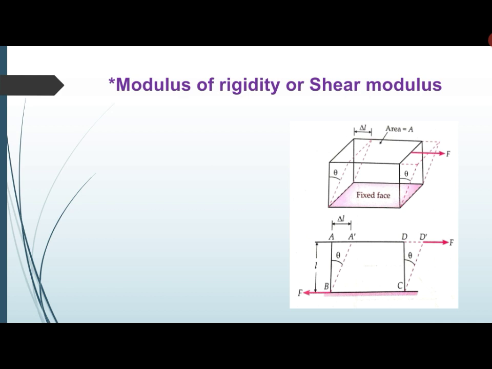Now this change in length is suppose delta L. Now we are having that AB is equal to DC, because these two sides were parallel in that cuboid, and suppose the length was L. So AB is equal to DC is equal to L, and the change in angle of this sheared face with respect to the base is theta.